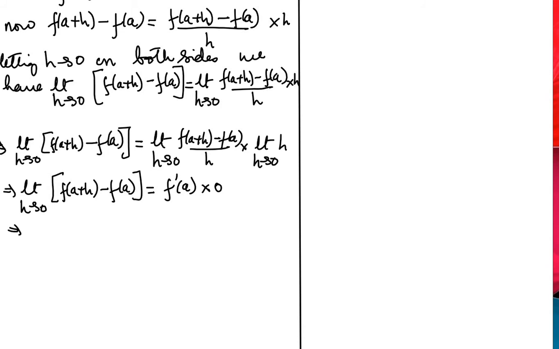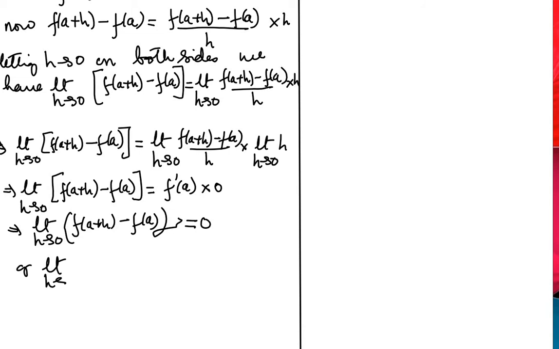So finally, what we have now is the limit as h tends to 0 of f(a+h) minus f(a) is equal to 0, or the limit as h tends to 0 of f(a+h) minus, since the second term is independent of h, you can write it as the limit as h tends to 0 of f(a), is equal to 0.